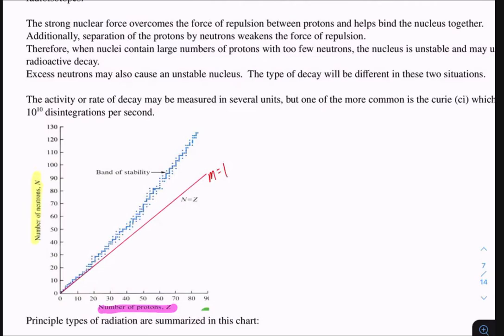What this chart shows you is what the necessary number of neutrons is in order to be stable. Each one of these dots represents a stable ratio between neutrons to protons. So going back to the first couple of examples that we did, we talked about neon, right?